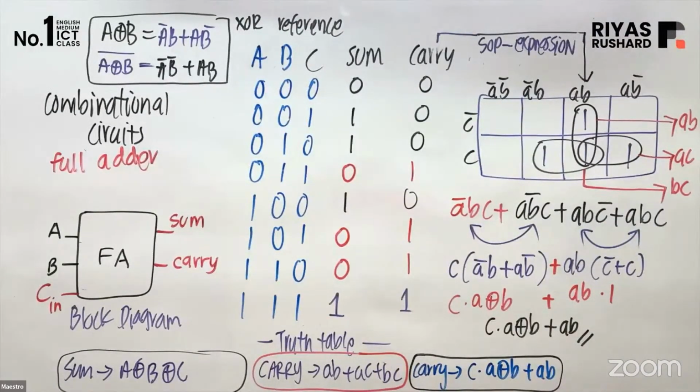So for both half adder and full adder, do we have to simplify? What do you mean by simplify?